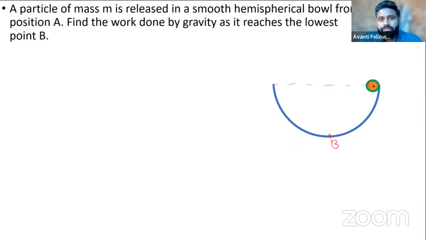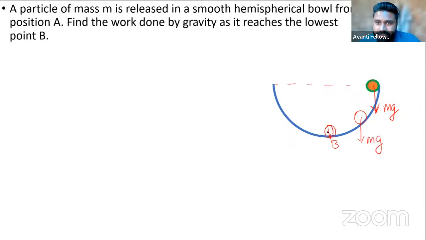So we have to find the work done by gravity as it reaches the lowest point. Gravity will act downward on the particle of mass m, and if the particle comes here, the gravity will still act in this direction.